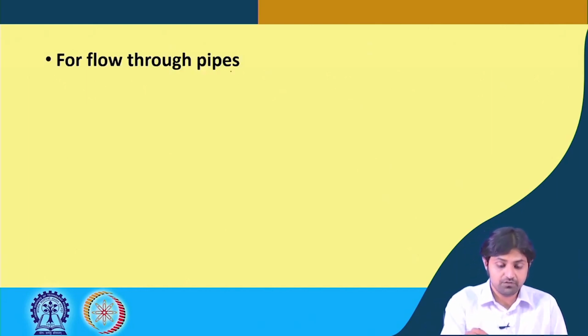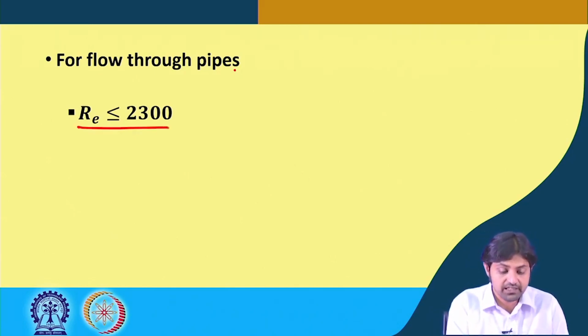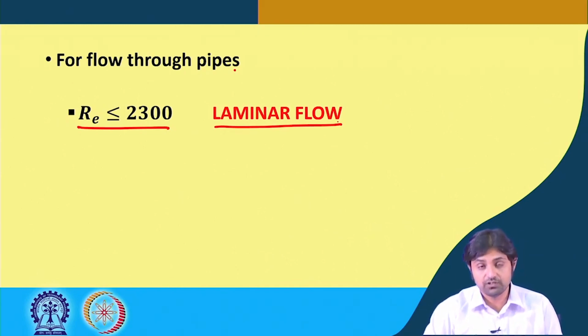For example, for flow through pipes, if the Reynolds number is less than 2300, we consider the flow as laminar flow. Important to remember. So, if you are given the pipe diameter and the flow velocity, you can easily tell if the flow is laminar or turbulent.